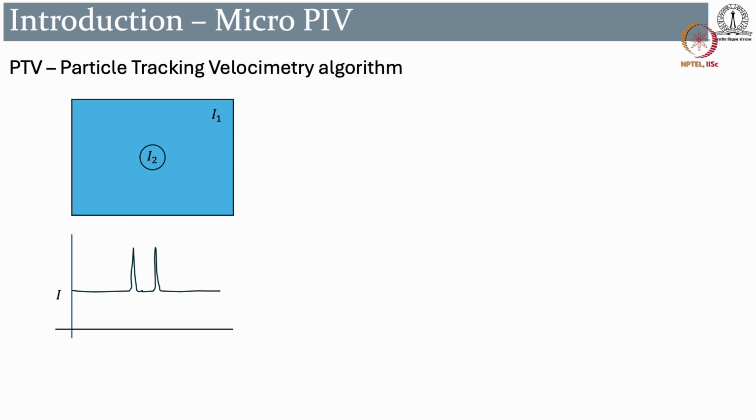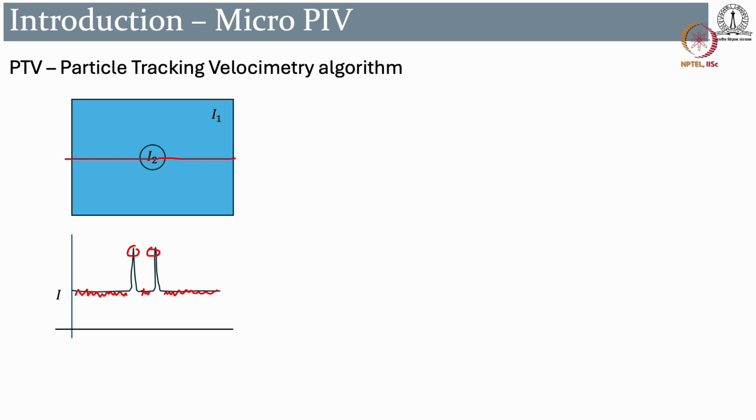So if you have this line here, these two peaks correspond to this part and this part. Now if there is some noise, which is normally the case, the intensity will look something like this. It will vary here also, and here, and again this.